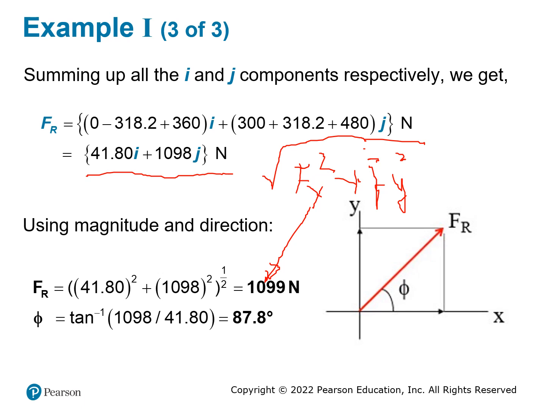For the angle, you take the arctangent of Fy, which is 1098, divided by Fx, 41.8. You get this angle here. So this is the angle theta, and this amount is the magnitude, the length here. That is how you do the calculation if you try to find the resultant force in the 2D plane.